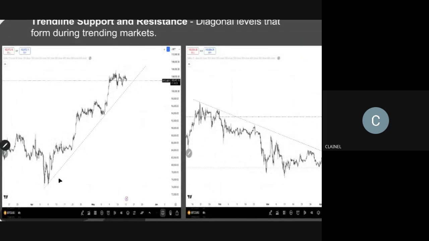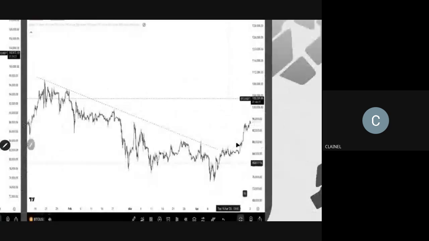This is an uptrend because you see price breaking upwards, forming higher highs and higher lows. Then in our downtrend, we see price breaking downwards, forming lower highs and lower lows, continuing for some period until there's a trend change, which we'll discuss.